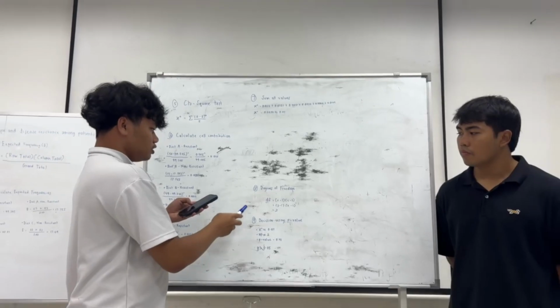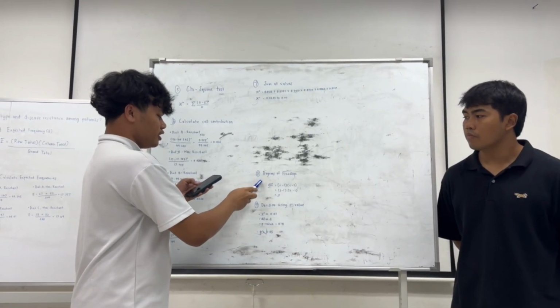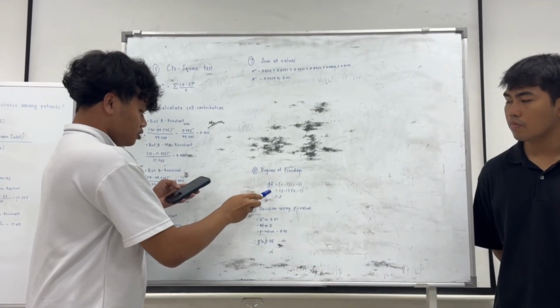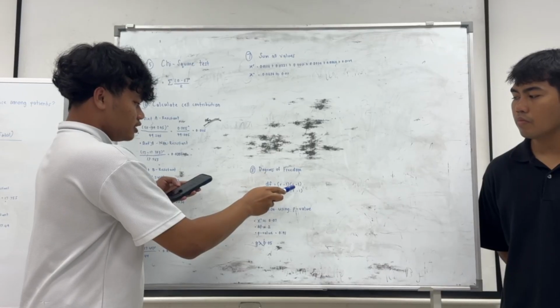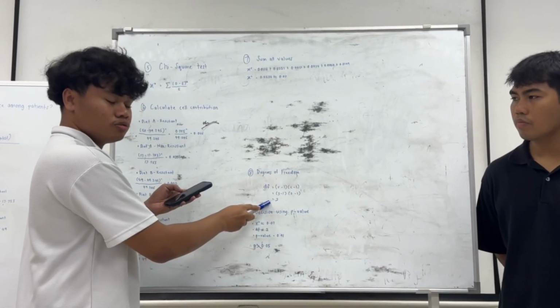Now we move to step 8, which is to calculate the degrees of freedom. So the symbol is degrees of freedom, R minus 1 times C minus 1, and you get the answer 2.